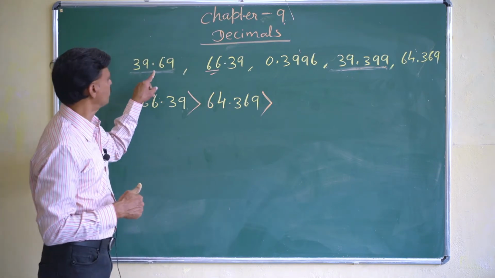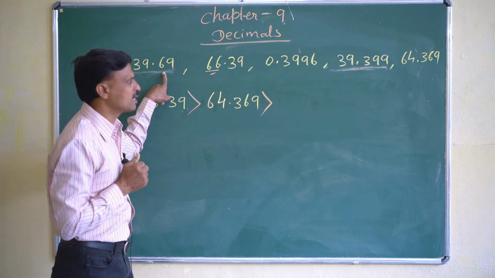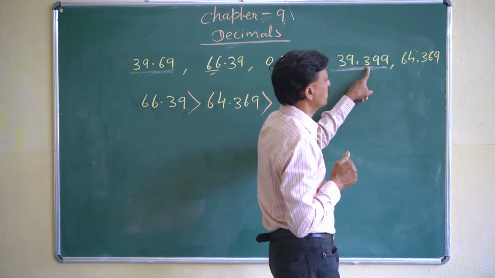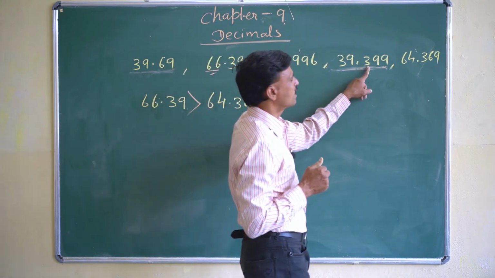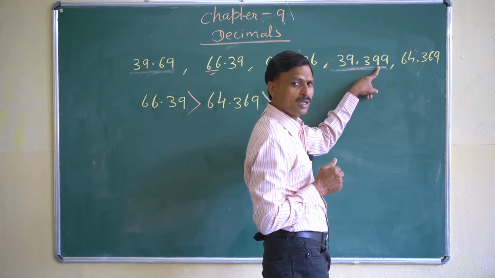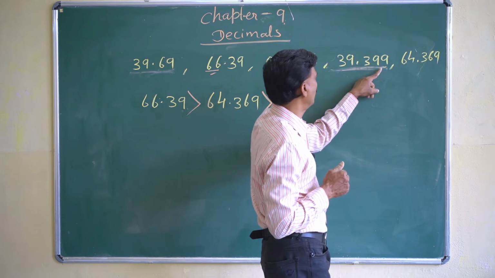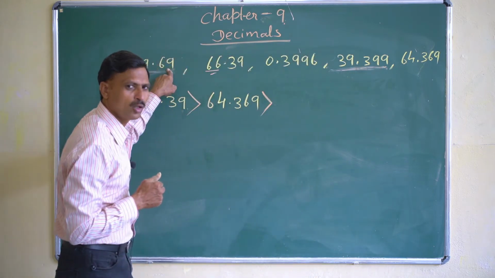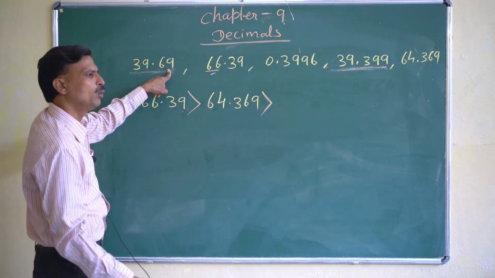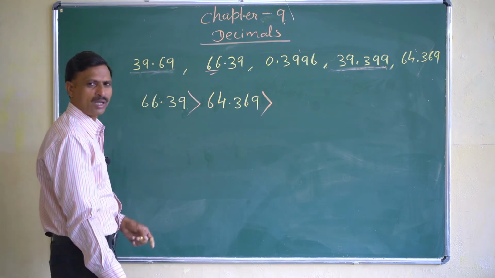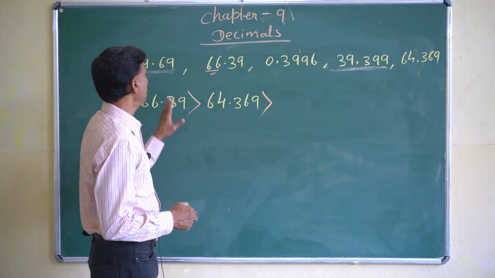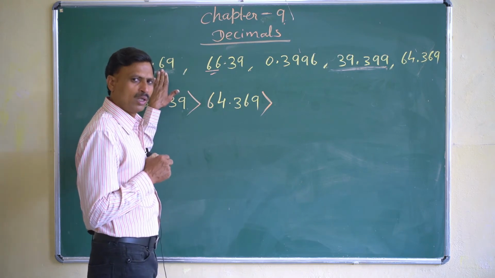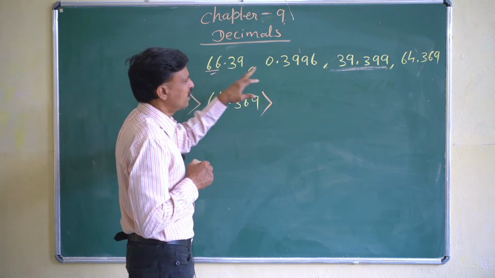Here the first place digit after the decimal is 6, and here it is 3.